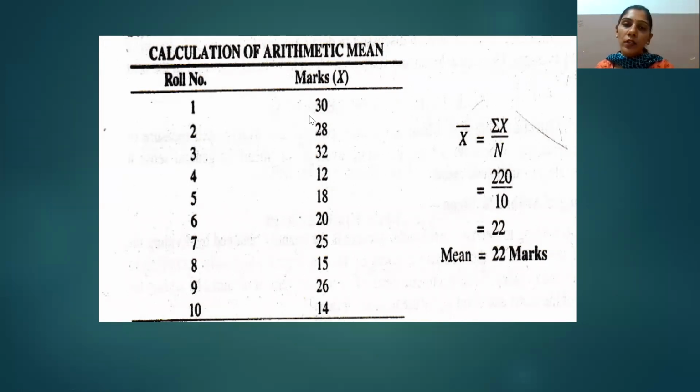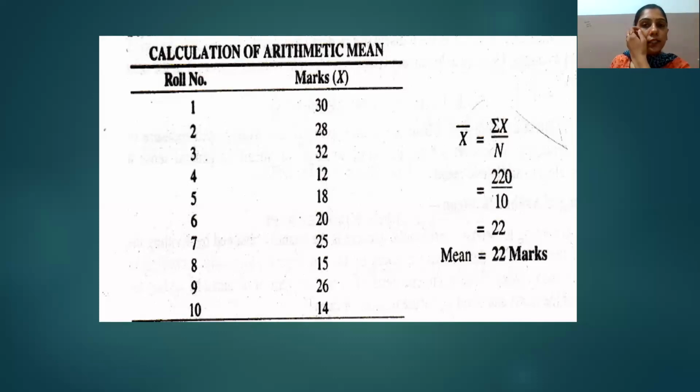When we add all these values, 30 plus 28 plus 32 plus 12 plus 18 plus 20 plus 25 plus 15 plus 26 plus 14, we get sigma x. The value of sigma x is 220.